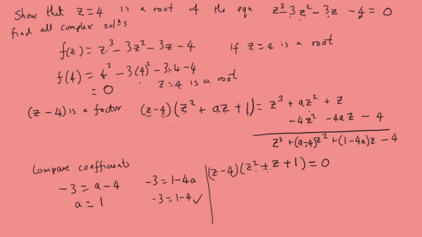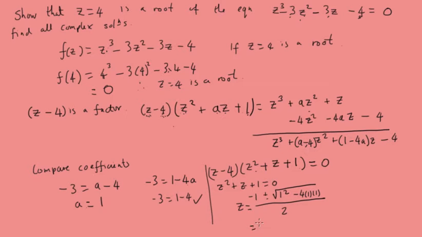Now we can solve this part here. So we're going to solve z squared plus z plus 1 equals 0, and we'll use our quadratic formula. So it's going to be minus 1 plus or minus square root of 1 squared minus 4 times 1, all over 2.